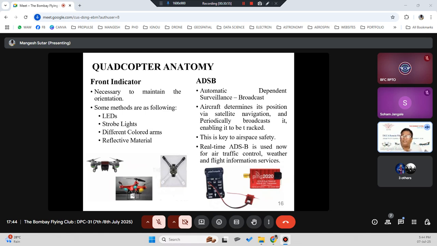So a separate ecosystem needs to be set up, a separate NOC or separate ATC for drones would be required. Only then will this become practical and useful.